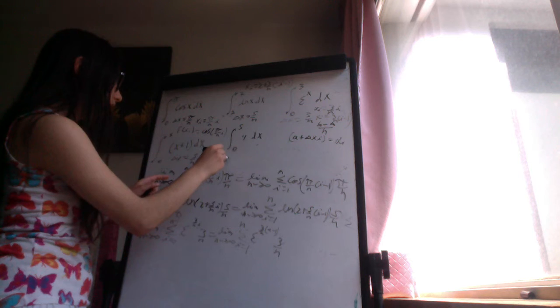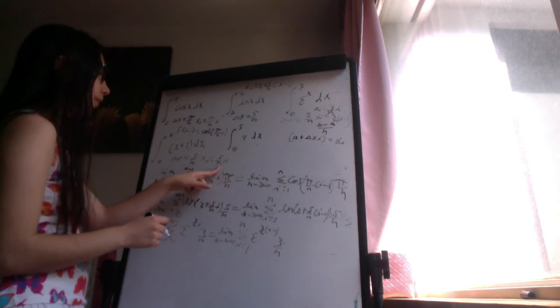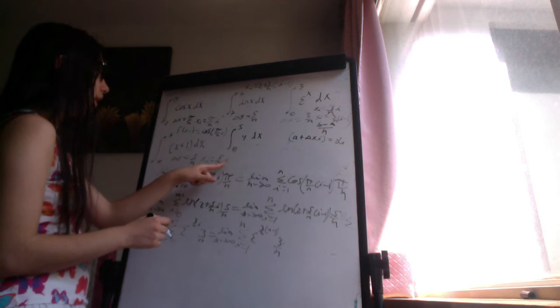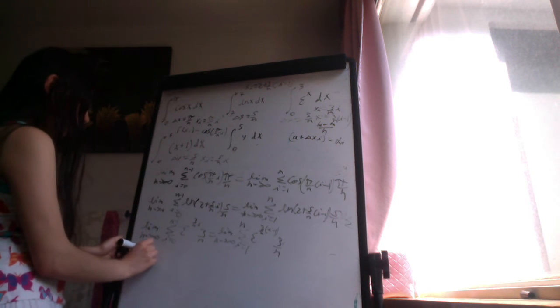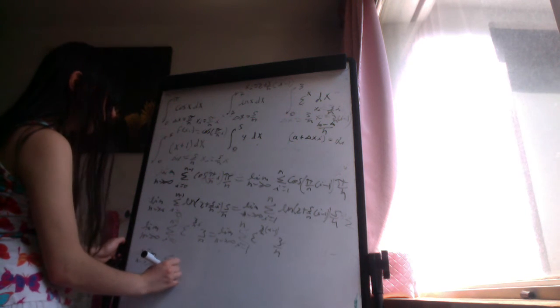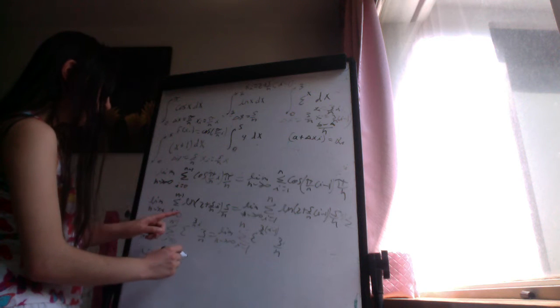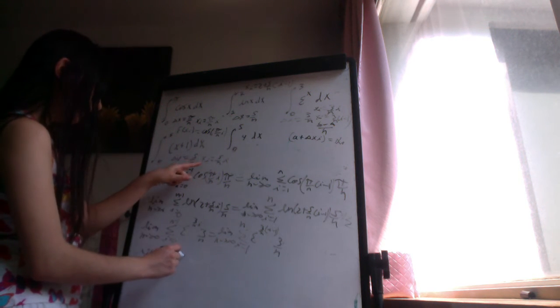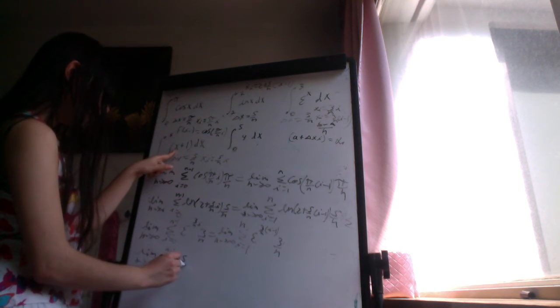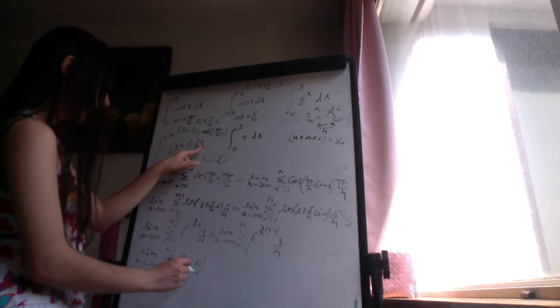This one, delta x is 5 over n, a is equal to 0, x sub I is 5 over n I. This is the traditional way, and f of x sub I will be 5 over n I plus 1. So it is the limit as n approaches infinity of the summation from I equals 0 to n minus 1 of f of x, which will be 5 over n I plus 1, and everything times delta x.